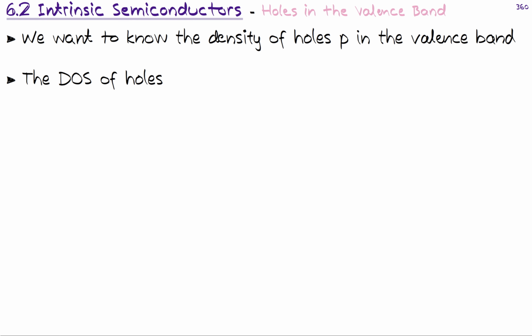And this complement gives us then the probability of having a hole in a specified state. So the actual Fermi-Dirac distribution we must calculate and use would be FH, and that depends of course on the energy and temperature, and this is the complement of the electron probability of being in that state.